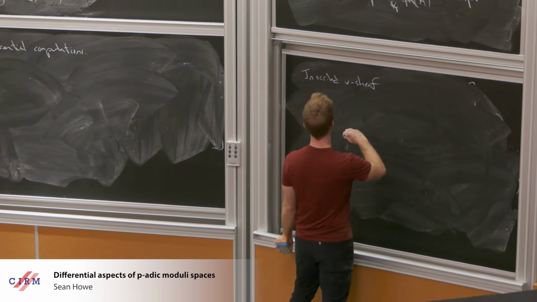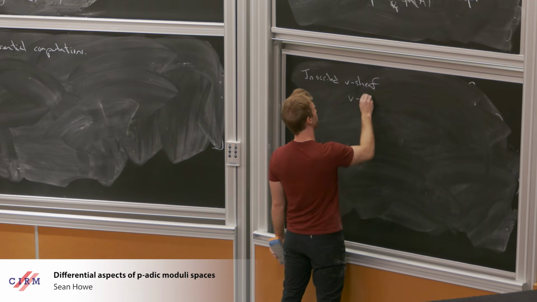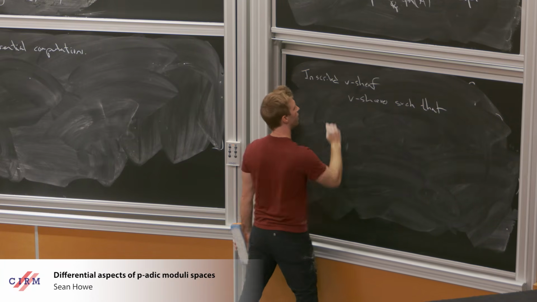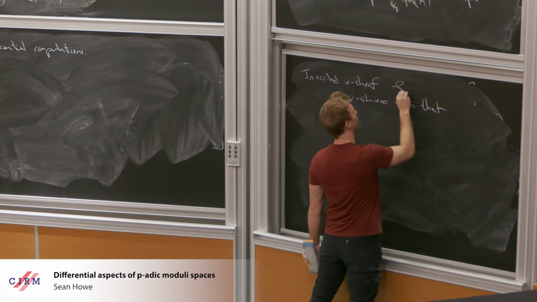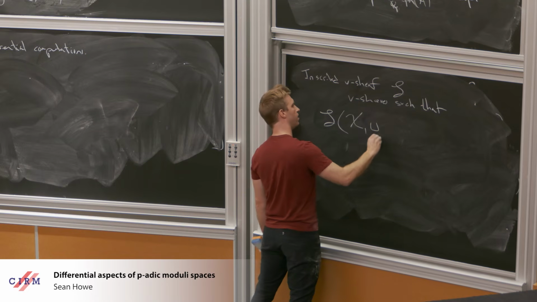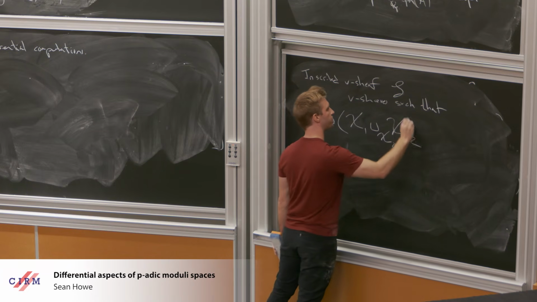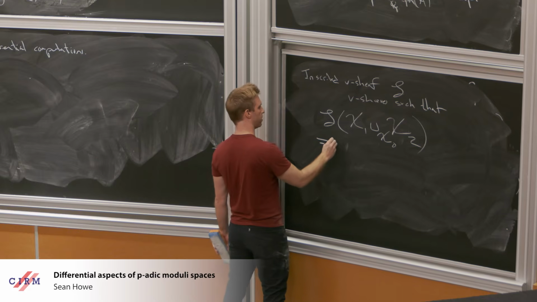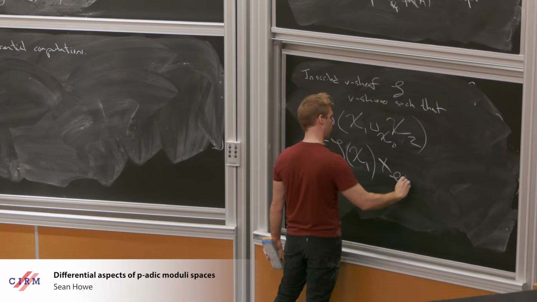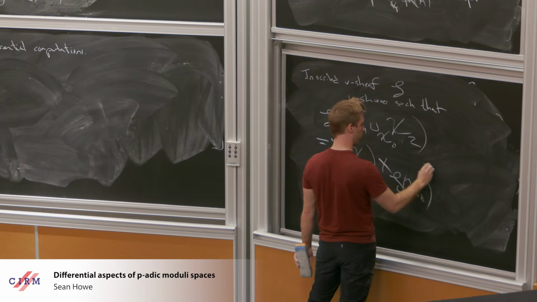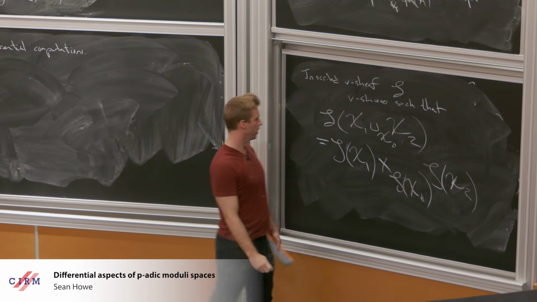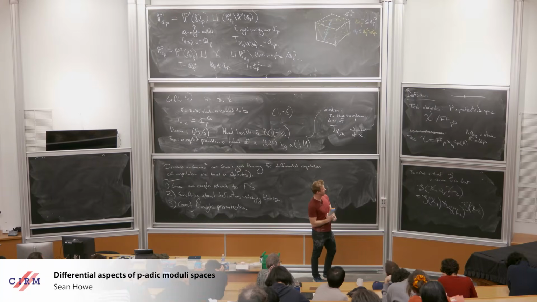So inscribed V-sheaves are V-sheaves on this category, call it script S, such that if I have a thickening and take a pushout with another thickening, then I get just the product of those two things. Okay, so this is the definition of an inscribed V-sheaf.